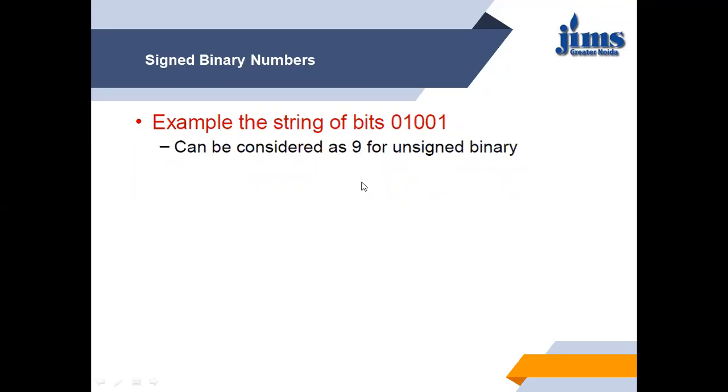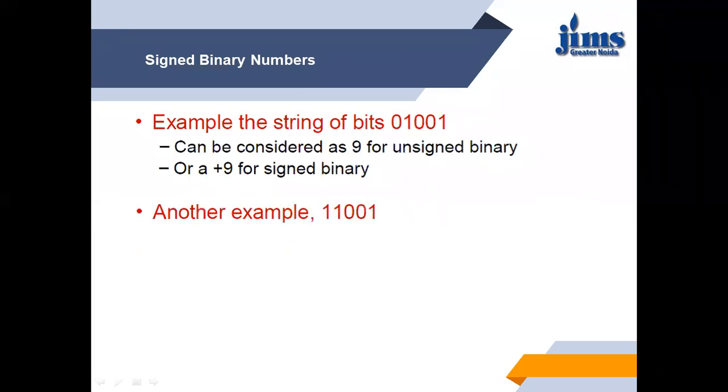If I am just representing a string which consists of 0, 1, 0, 0, 1, and I am not aware of the scheme we are using here, then it is nothing but 9. Or, when it is a signed binary number, it is plus 9, because the leftmost bit here is 0, and 0 represents a positive number in signed binary. So when it is unsigned binary, it is 9. When it is a signed binary representation, it is plus 9.